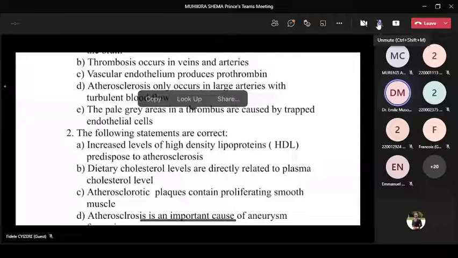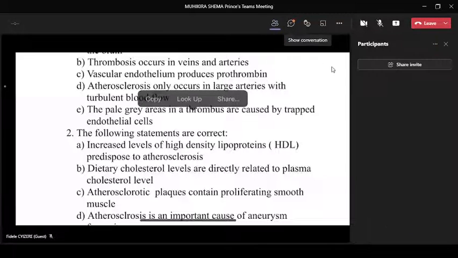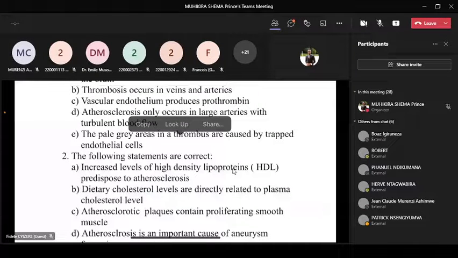Question: does atherosclerosis occur in arteries and veins? Atherosclerosis is only in the artery, not in the vein.